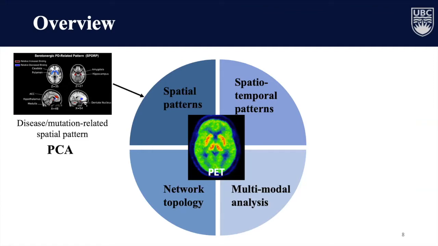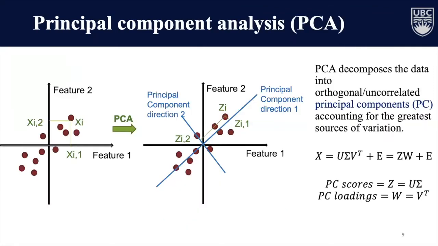And the method we use to look at spatial patterns is principal component analysis, or PCA. I know PCA is a pretty common method, so just a quick refresher on PCA. So PCA decomposes the data into orthogonal or uncorrelated patterns or principal components, accounting for the greatest sources of variation.